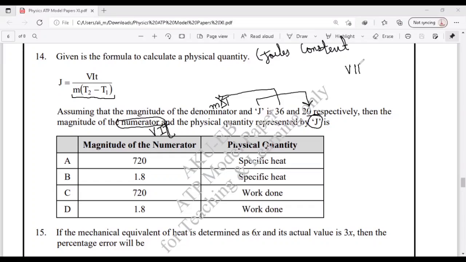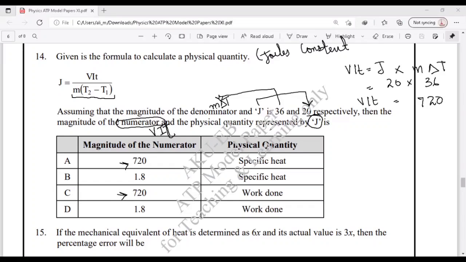So VIT will be equal to J multiplied by m delta T. So the magnitude of J is 20 and the denominator is 36. So the numerator VIT will be equal to 720.